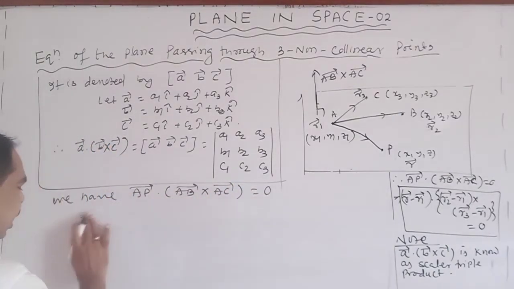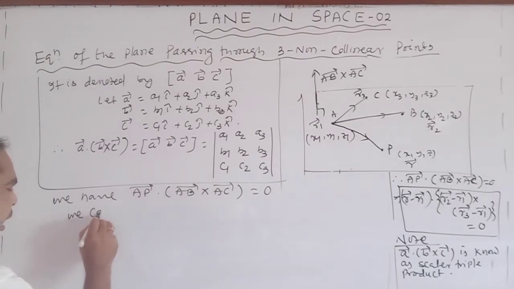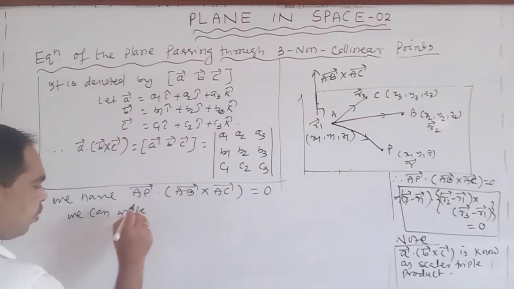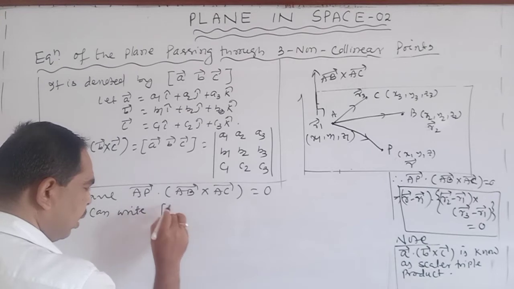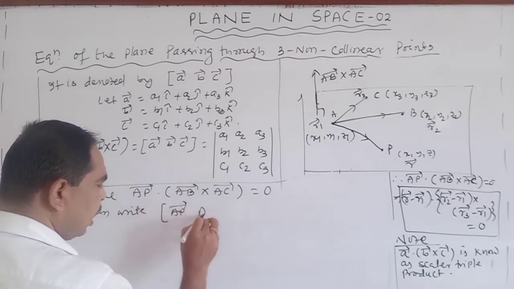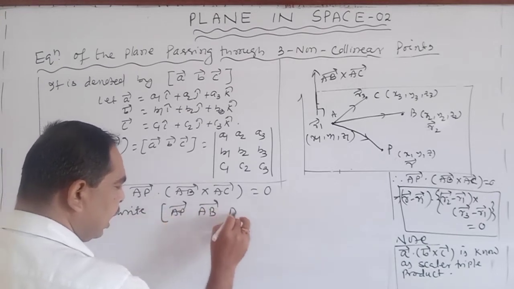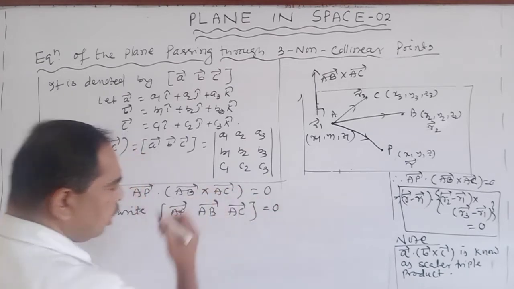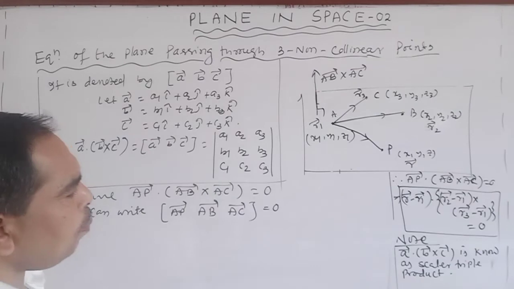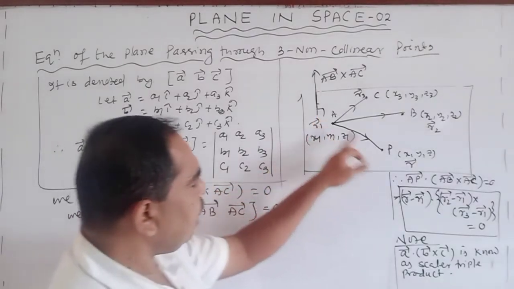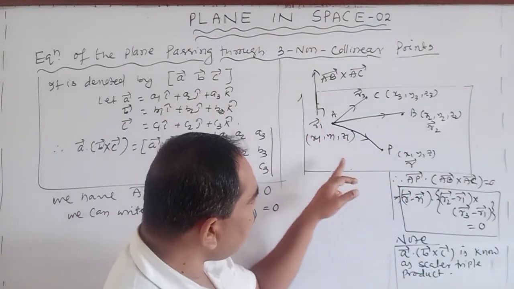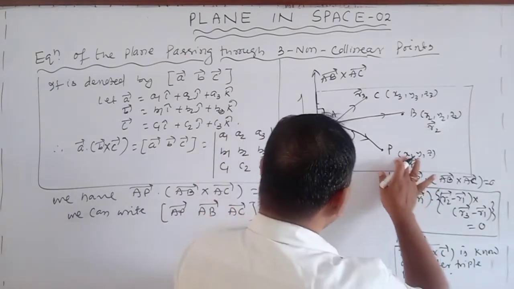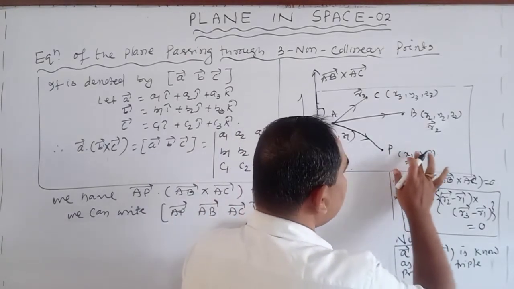So we can write square bracket AP AB AC is equal to 0. So what is the AP vector? This is XYZ, P coordinate XYZ.